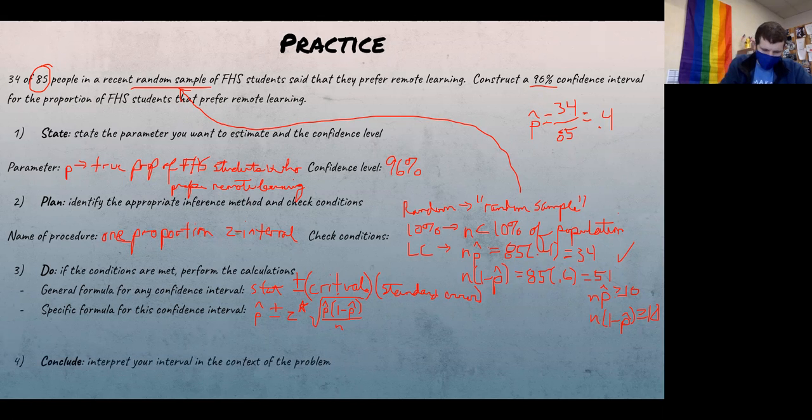What I can do now is actually do the calculation. So p hat is 0.4 plus or minus, and this is where I'll just do the work like you would have jumped right into at the beginning. 0.4, the z star, it's a 96% confidence level. So I need to figure out what the critical value is for that confidence level.